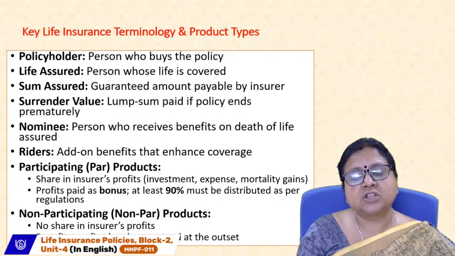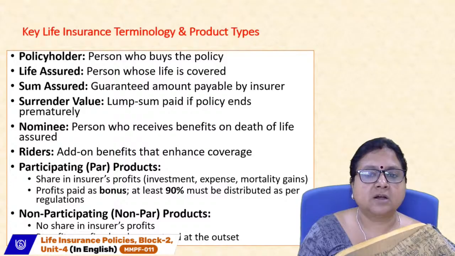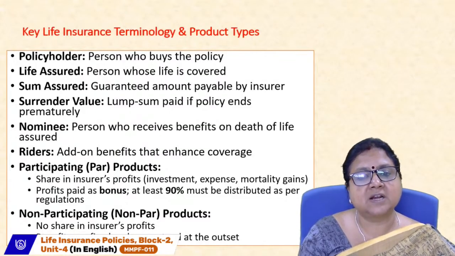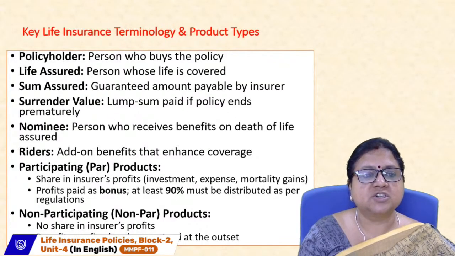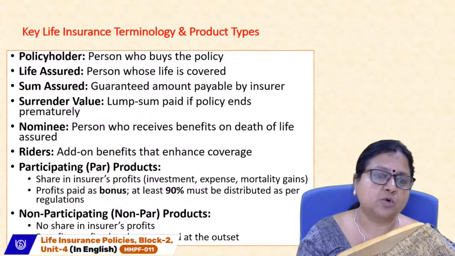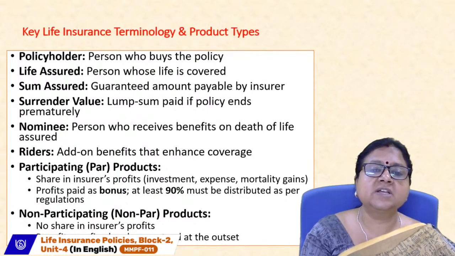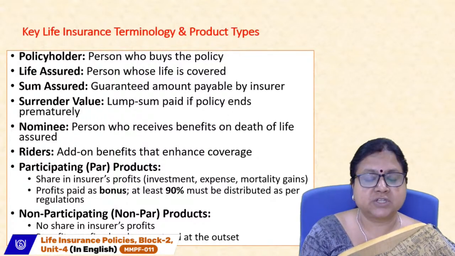It depends on the number of premiums that you have paid. Also, it depends on the amount of sum assured, and there are so many other factors which determine the surrender value. So it is a discounted amount that you get when you surrender the policy to the insurance company before the policy expires.